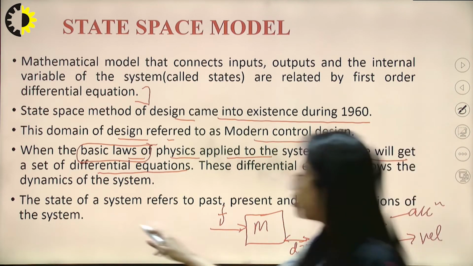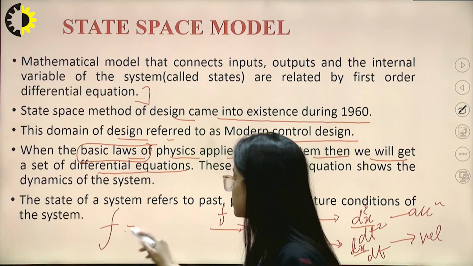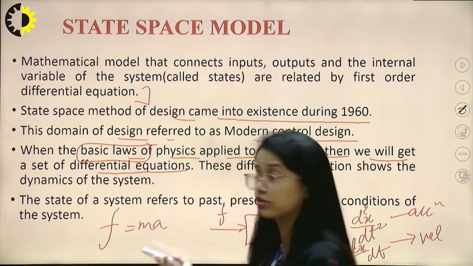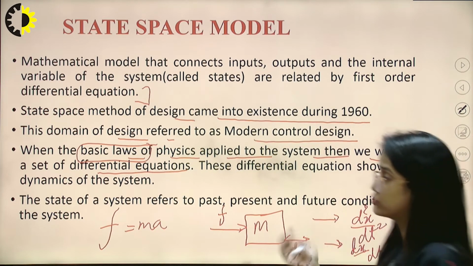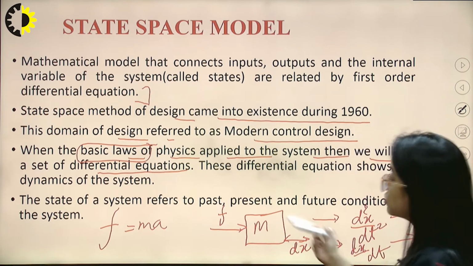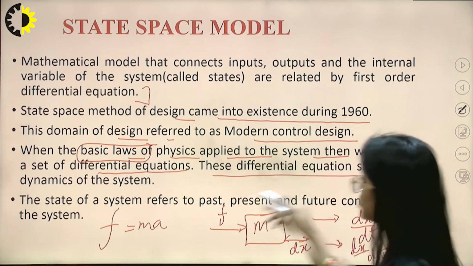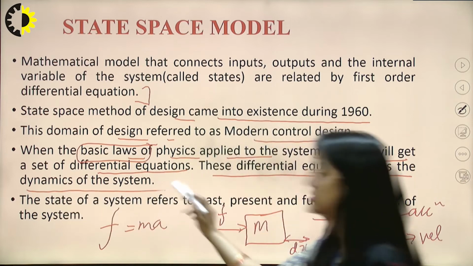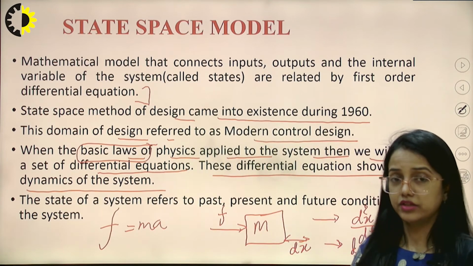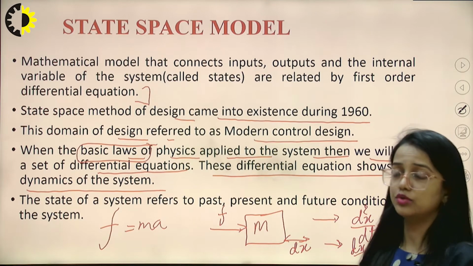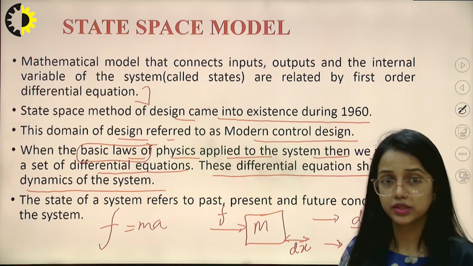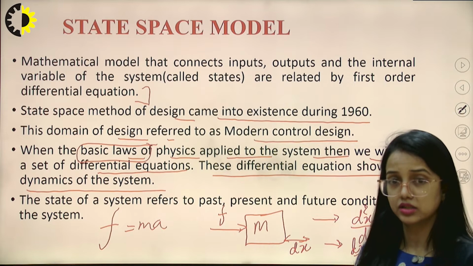Of course, like we have F equals ma. This is also an equation, right? So we will get some differential equation for any physical system. These differential equations show the dynamics of the system. We can see how the movement, how the displacement of the mass m can be studied.